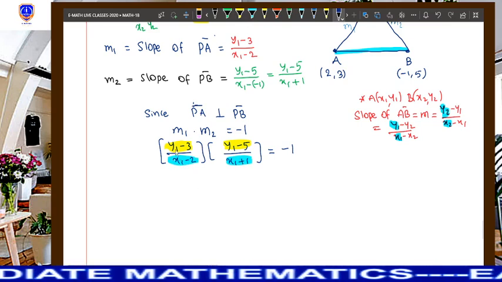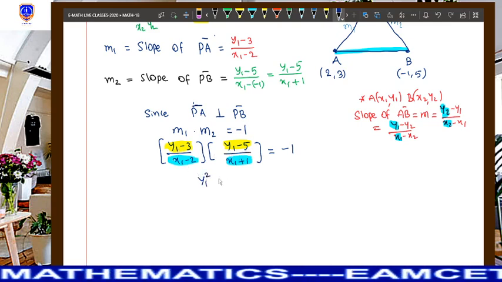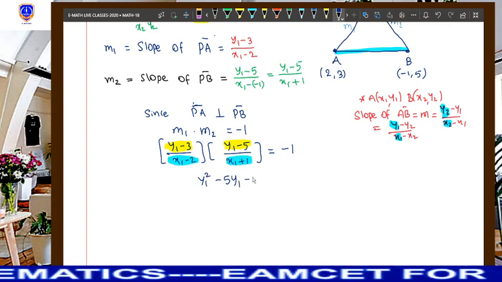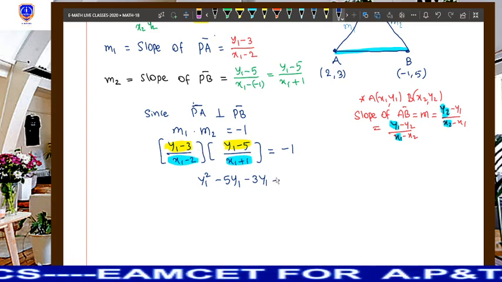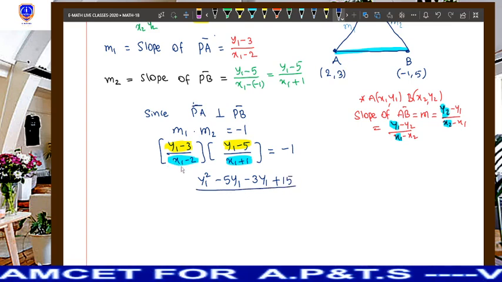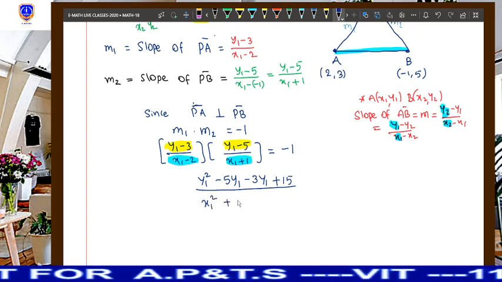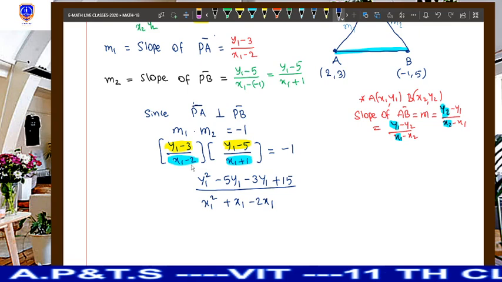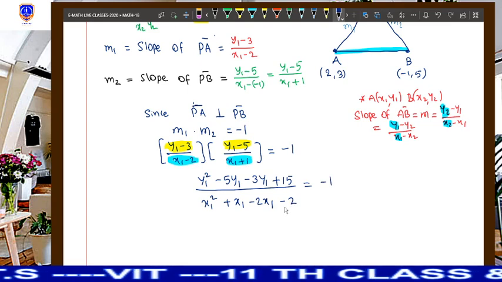Do the multiplication. y1 into y1 is y1 square, y1 into minus 5 is minus 5y1, minus 3 into y1 is minus 3y1, minus 3 into minus 5, minus into minus is plus, 3 fives are 15, all divided by x1 into x1 is x1 square, x1 into plus 1 is plus x1, minus 2 into x1 is minus 2x1, minus 2 into plus 1 is minus 2, which is equal to minus 1.